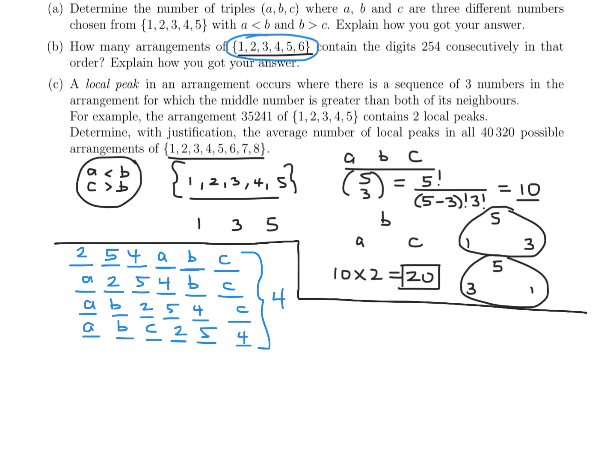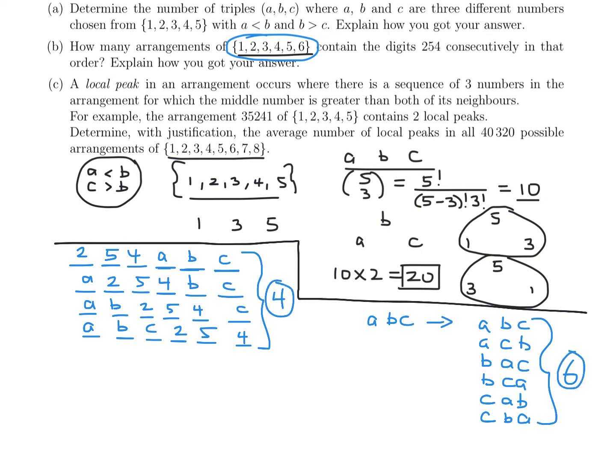But for each of these ABCs, there's 6 ways of arranging them: ABC, ACB, BAC, BCA, CAB, and CBA. So 6. So you take this 4 and you multiply by that 6, and you get the total, which is 24. And like I said, you can always manually write these out, but it would take a little bit more time to do so.